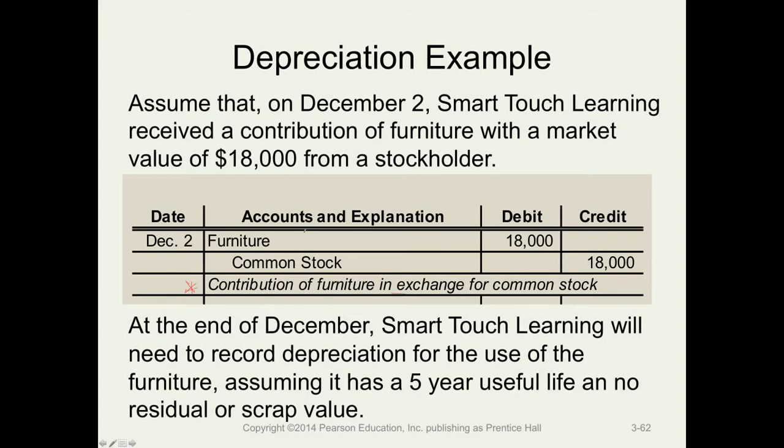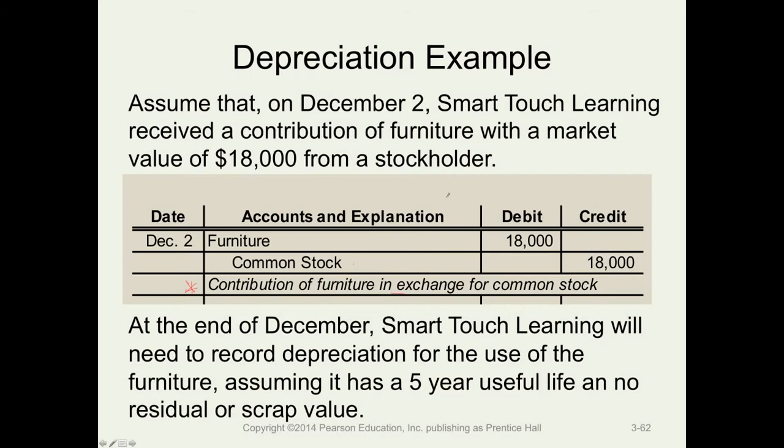Normally it would be a debit to furniture, credit to cash, or a debit to furniture, credit to notes payable, so that someone would obviously have the reason to question this transaction when they see a debit to furniture and a credit to common stock. So the contribution by a stockholder of physical assets is somewhat unusual, and the explanation is required.